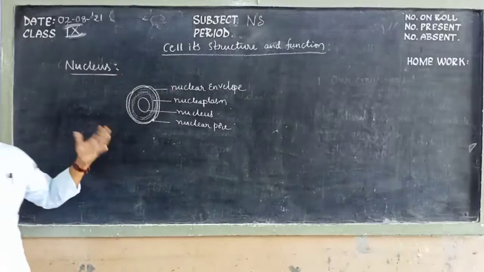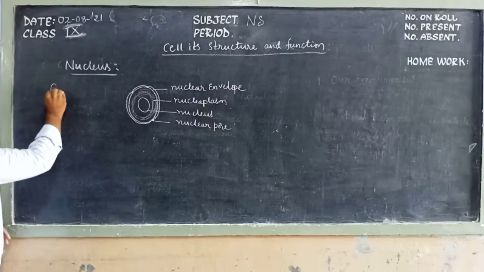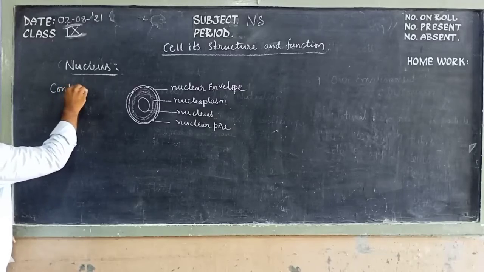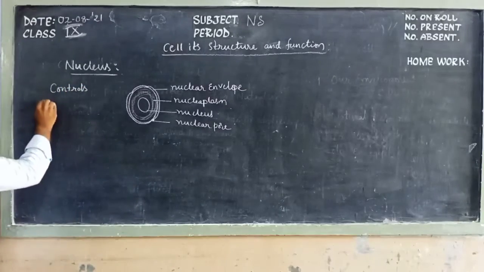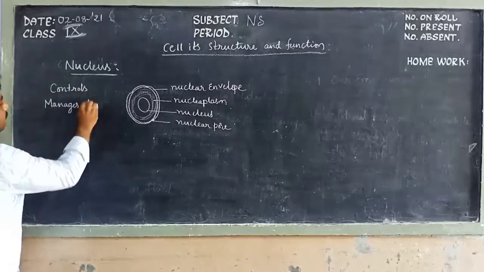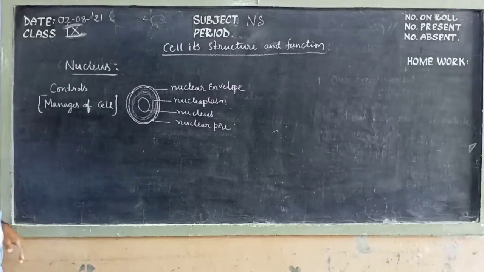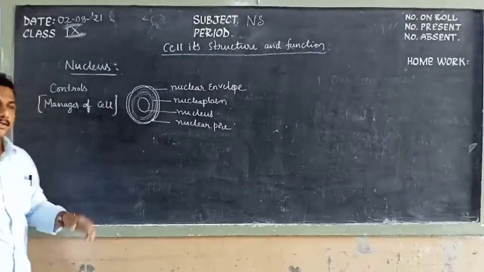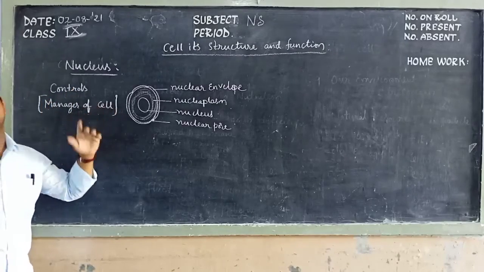What is the role of this nucleus inside the cell? It controls the other cell organs, so we call it the manager of the cell. The nucleus is also known as the cell controller or manager of the cell. Why?